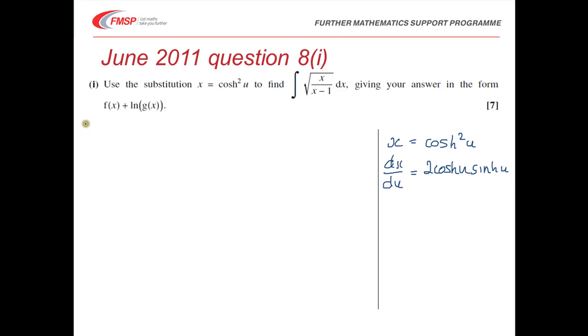If we just call the integral I, then effectively we've got root x on the top line, which is cos u, and we've got root x minus 1, which will be the square root of cos squared u minus 1, which is just sin u.